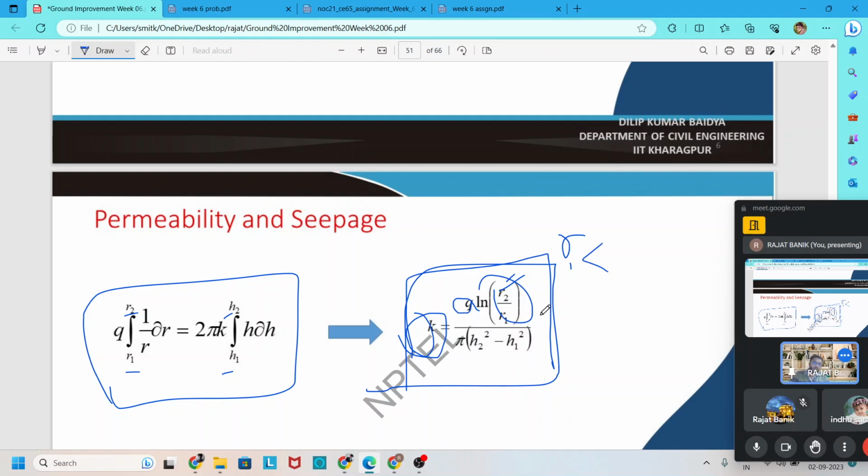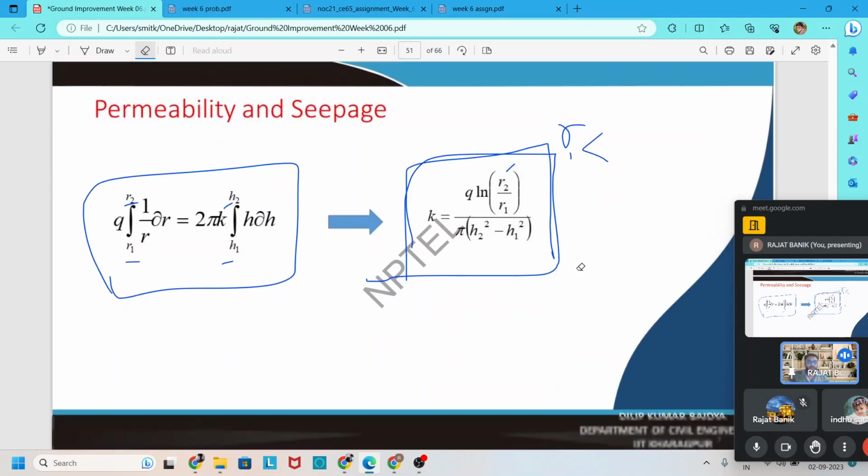That means at R1, the height of the groundwater table is H1. At R2, the height of the groundwater table is H2. With this arrangement we find out the permeability of this soil for the unconfined aquifer.